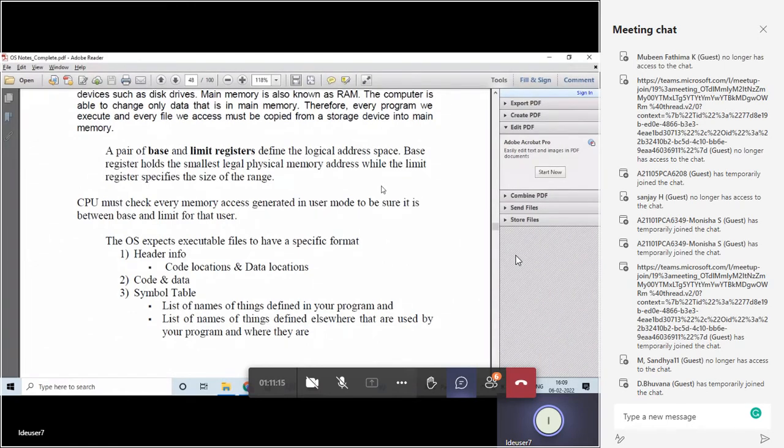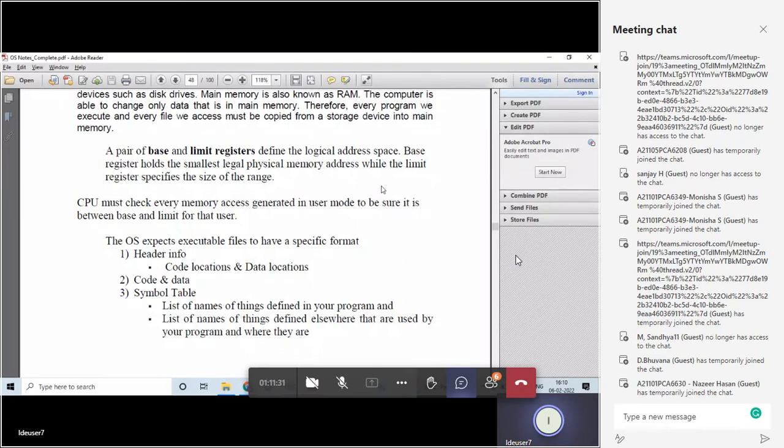For example, if I am writing one paragraph in a Word document, it will be stored in physical memory. The base register will tell you the starting address of this paragraph, and the limit register will tell you the limit, in size, of this particular paragraph or the data.